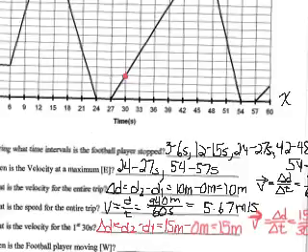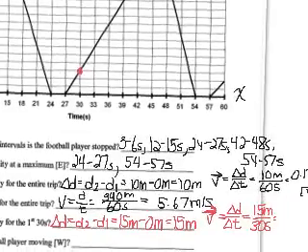So 15 divided by 30 gets us 0.5 meters per second. And because we were traveling up, that means we were going west, according to this particular graph. All right.